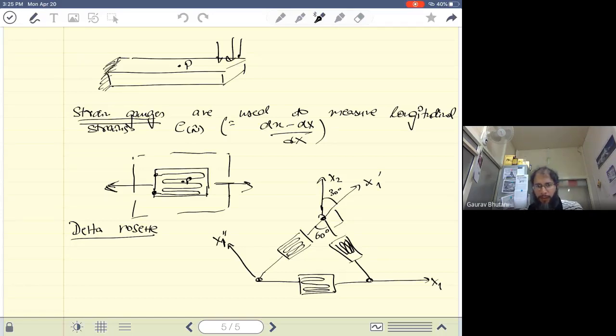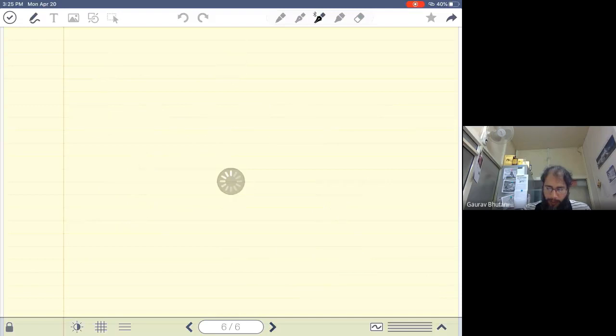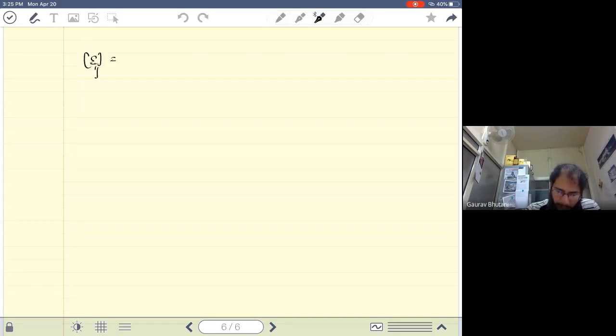Now remember that to find the strain at a given point P, x1 and x2 are the two directions. To find the epsilon in this case, and this is a plane strain situation, our epsilon looks like epsilon 1 1, epsilon 1 2, 0, epsilon 2 1, epsilon 2 2, 0, 0, 0, something like this.